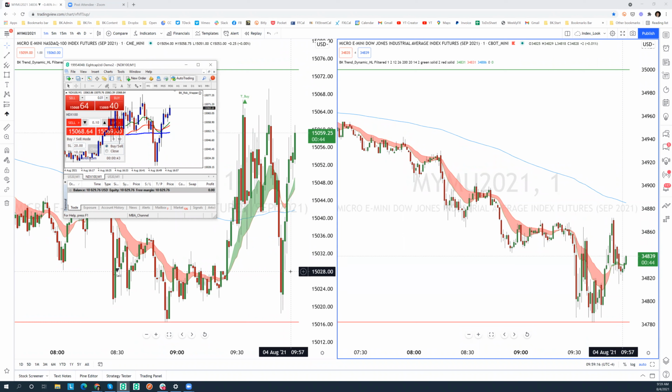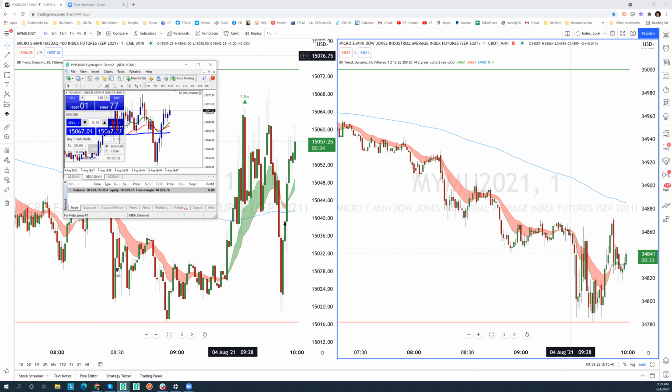NAS is starting to do a triple run towards the highs. That's interesting. I mean, this looks like the shorts just got completely hosed, and they're getting short squeezed higher. Let's see if this can run the highs.